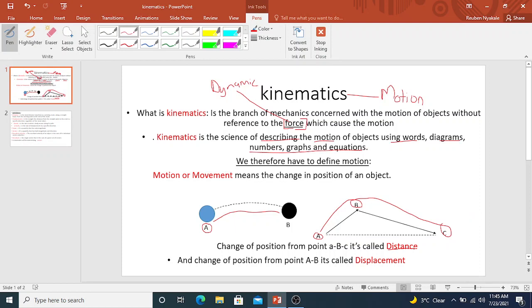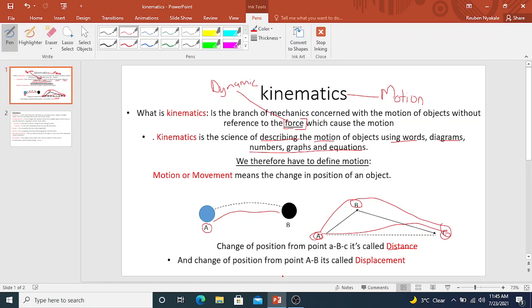You can't change position and not cover a certain distance or displacement. When you are traveling from A to B to C, you would have covered a certain distance. But when you are changing position from A to C, it is called displacement.